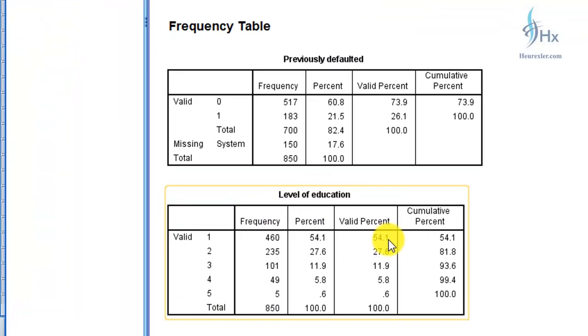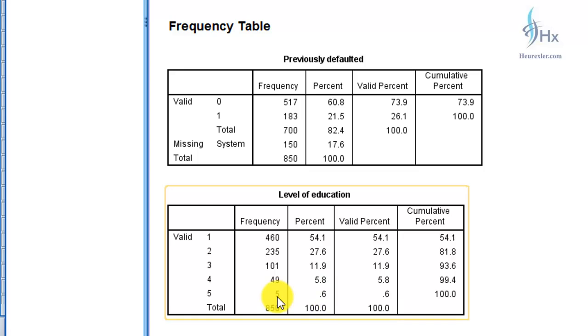So 54% of individuals are those who did not finish their high school, 27.6% those who finished their high school, 11.9% are those who have some college experience, while 5.8% of individuals in this dataset have a college degree, and just 0.6%, that is only 5 individuals, have a postgraduate degree.